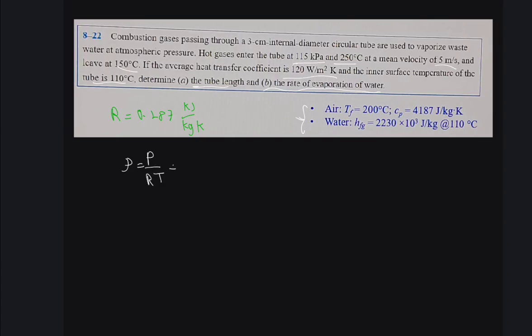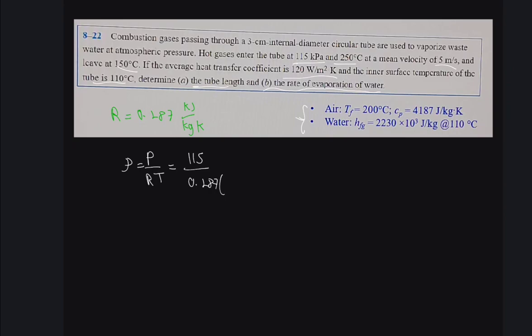So now we have 115 kPa, so I'm going to divide this by 1,000 because this is in kilojoules. So 115 pascals times 0.287, and we want this to be in Kelvin.